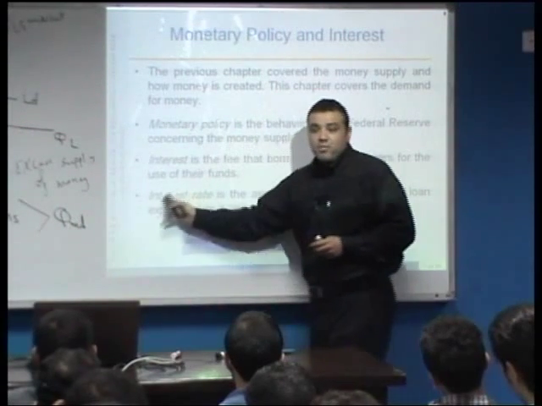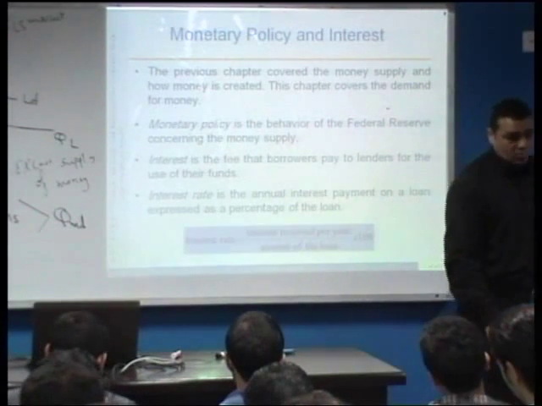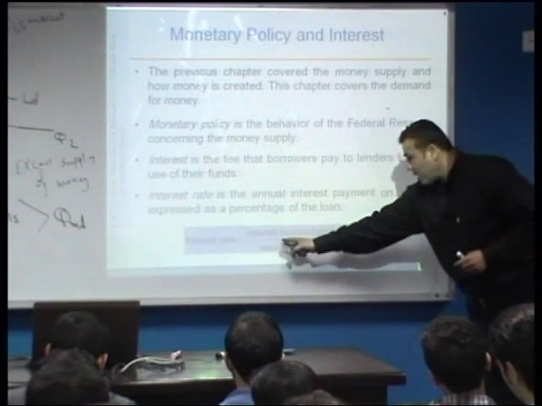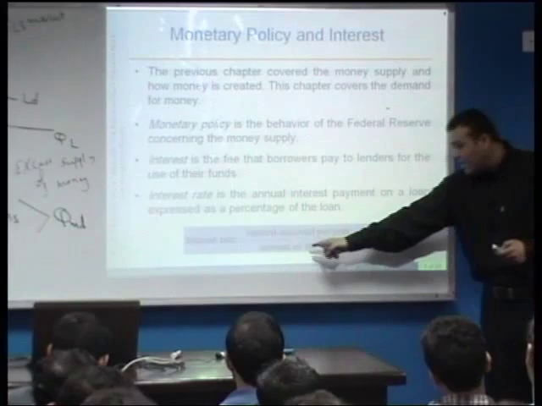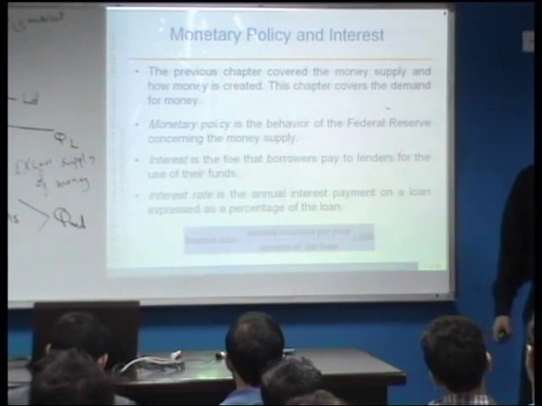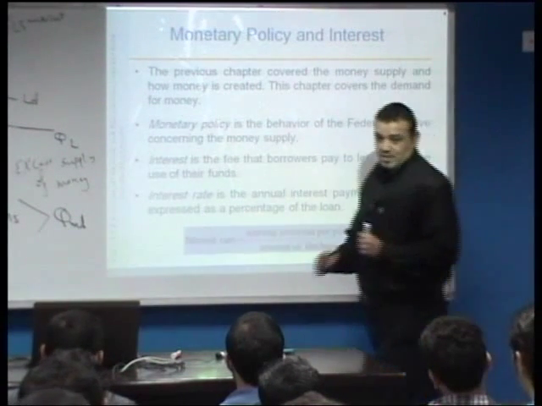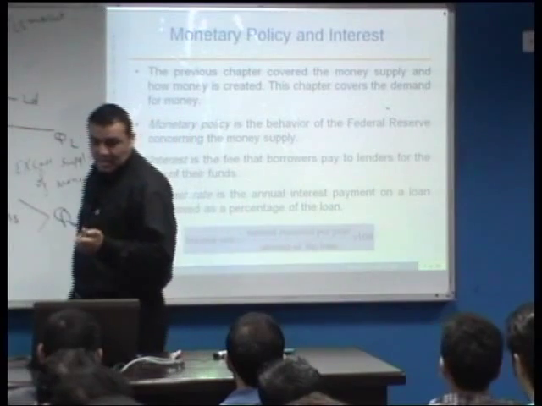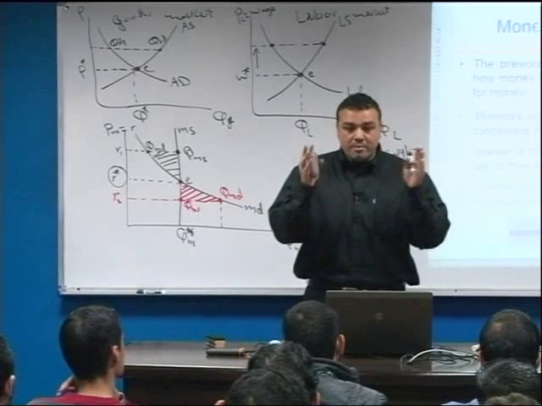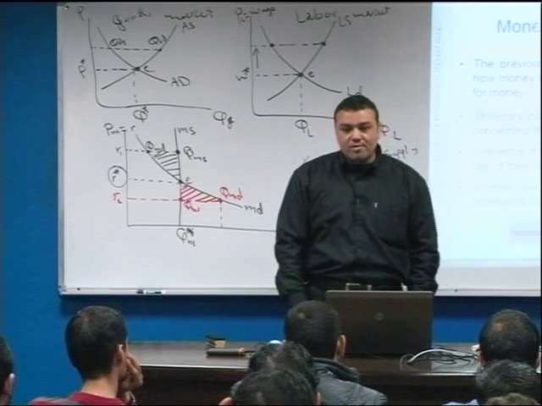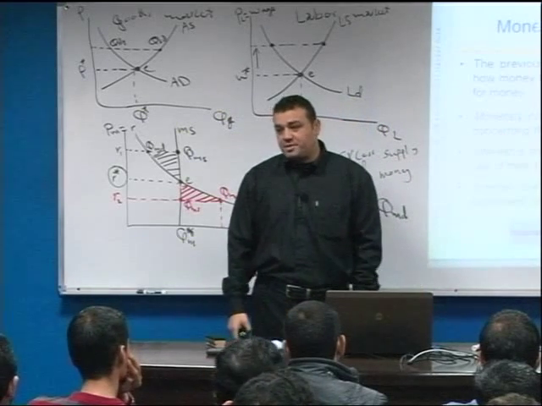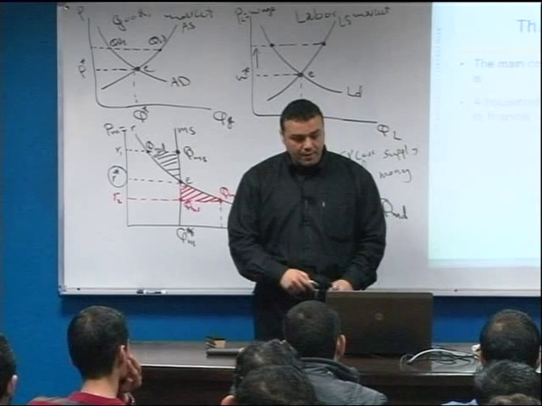We have a formula to calculate the interest rate, which is the interest received per year over the amount of the loan times 100. This is the interest rate, right? تمام؟ Okay.